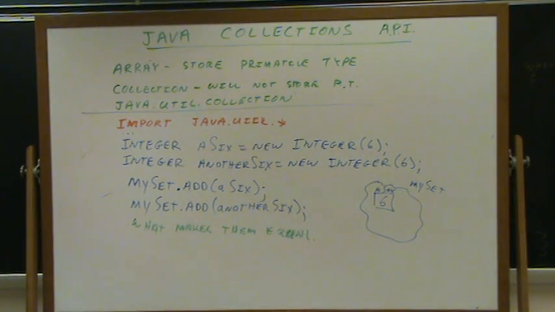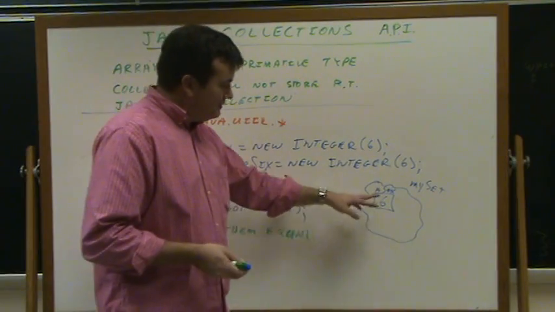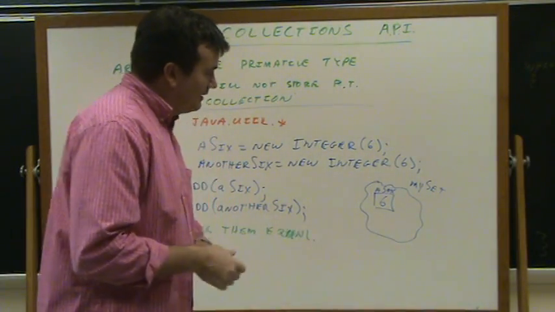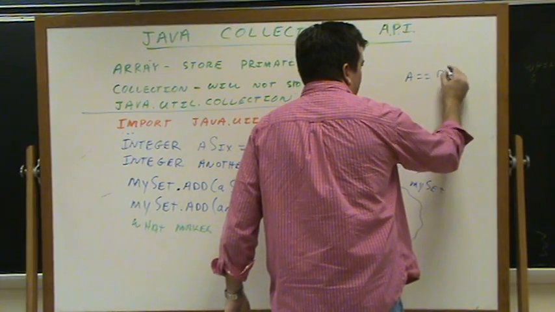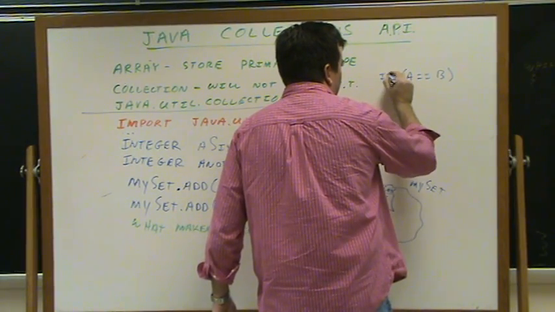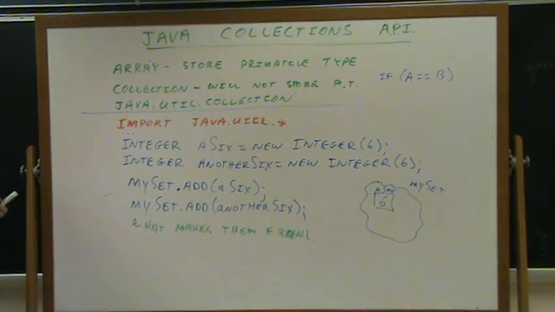Okay. So if the values are equal to each other, like if you said A equals B, that means they're equal, right?